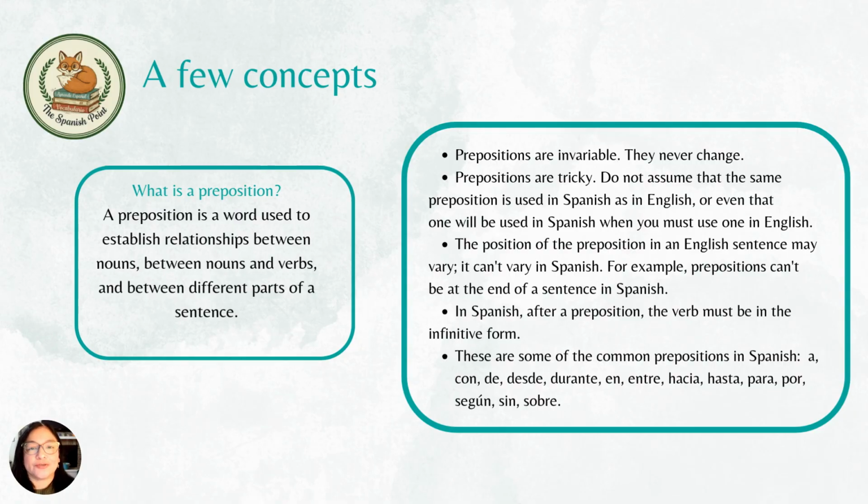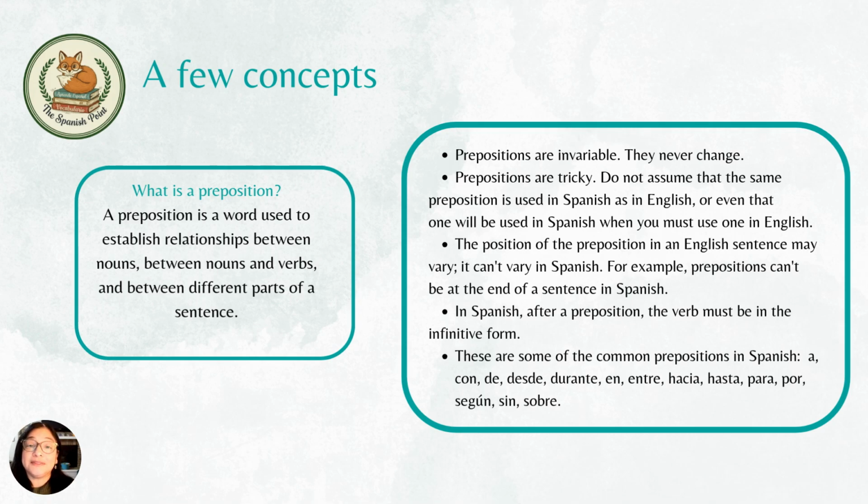Also, prepositions, right? A preposition is a word used to establish relationship between nouns and verbs, and between different parts of a sentence. In Spanish, the prepositions are invariable. They never change, okay? And they could be a little bit tricky. Don't assume that a preposition in English is going to be the same in Spanish.